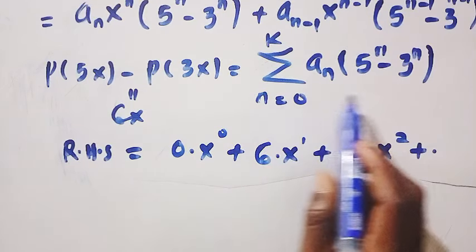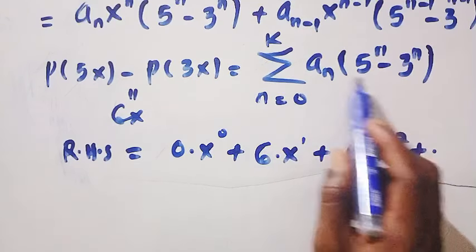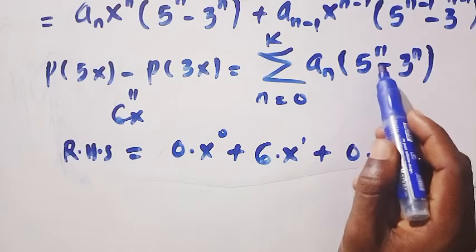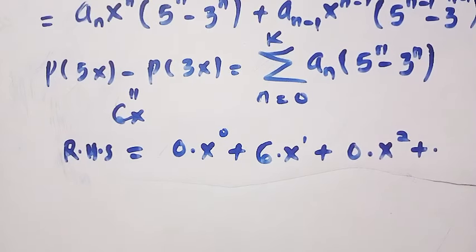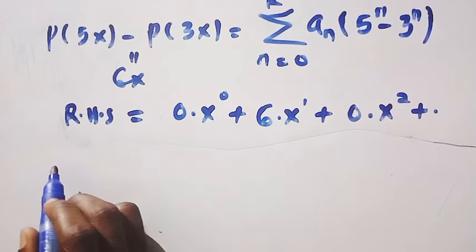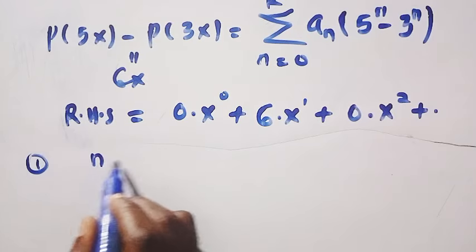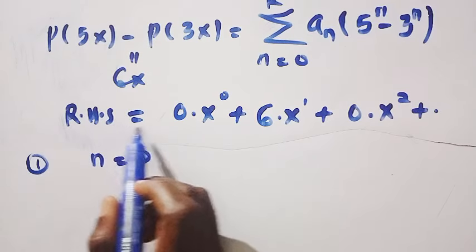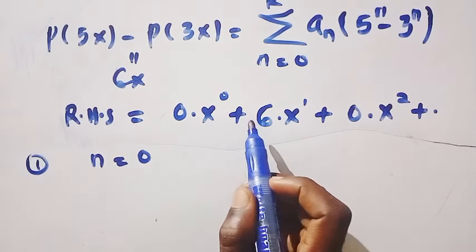So if you consider this formula, the summation from n equals 0 to k of a_n times 5 raised to power n minus 3 raised to power n, suppose I test for n equals 0. We know these are the right hand side coefficients.